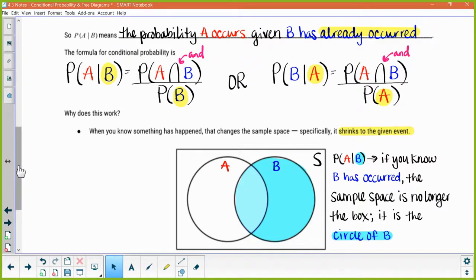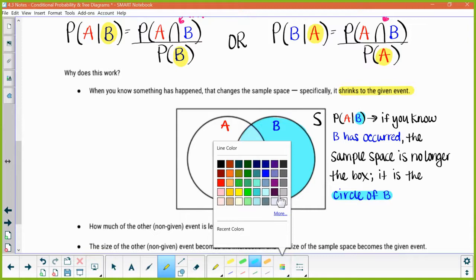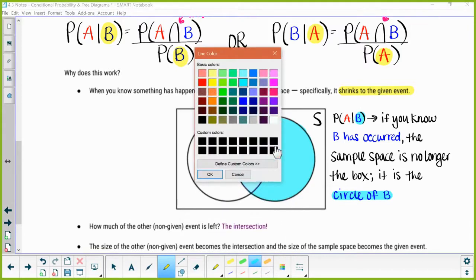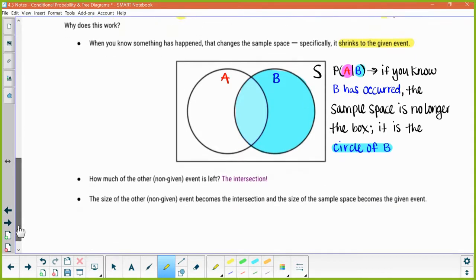Now, if I want to know what's happening with event A given that B has already occurred, let's color coordinate. If I want to get A, I have to go in and look at my new sample space of B and see where else I have A. That's going to be the intersection. This intersection is the probability of A given that B has already occurred.